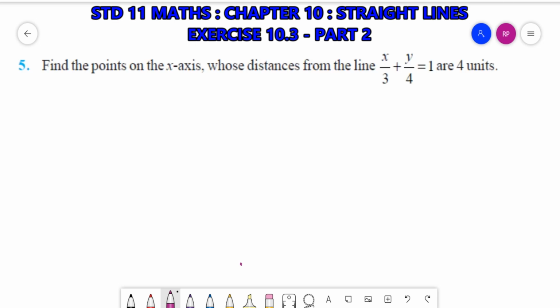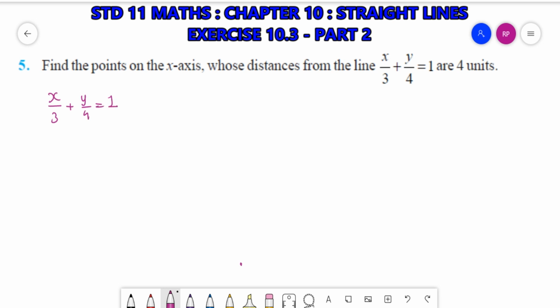Find the points on the x-axis whose distances from the line x/3 + y/4 = 1 are 4 units. Okay, so first let's write down the equation of line. It's x/3 + y/4 = 1. Clear?